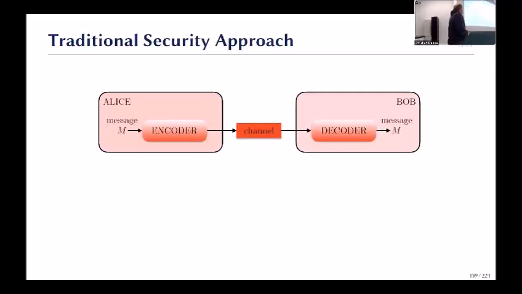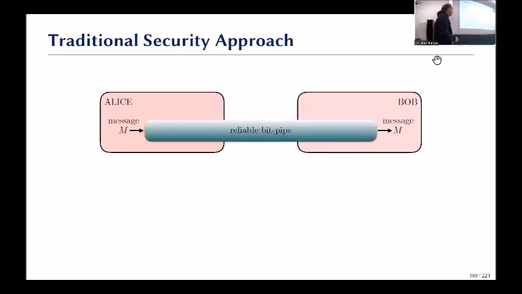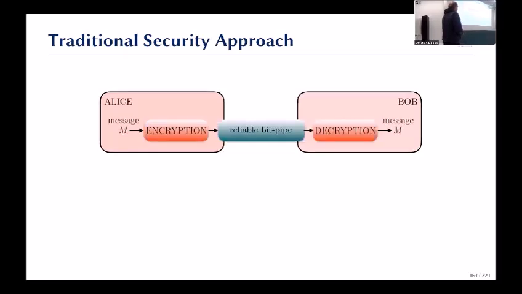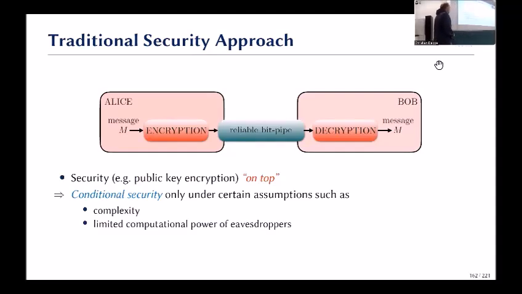Okay, we start now with part 4, embedded security. If we look at the traditional security approach, normally we assume we have an encoder, a channel, and a decoder, and we have normal transmission here. And if we want to ensure security, we assume we have a reliable bit pipe somehow, and we do some encryption and decryption. So the security is done somehow on the top.